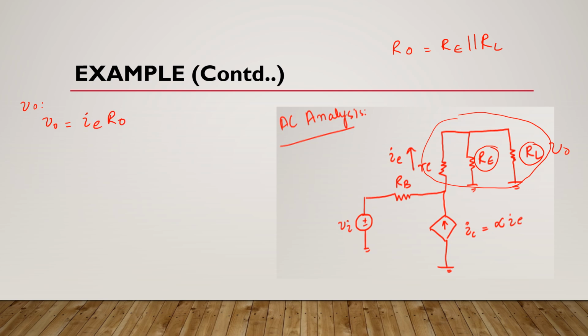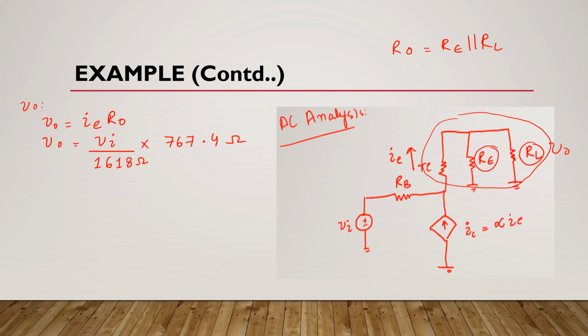Now we know that this IE is equal to VI divided by 1618 ohms, and we know that this R naught is 767.4 ohms.